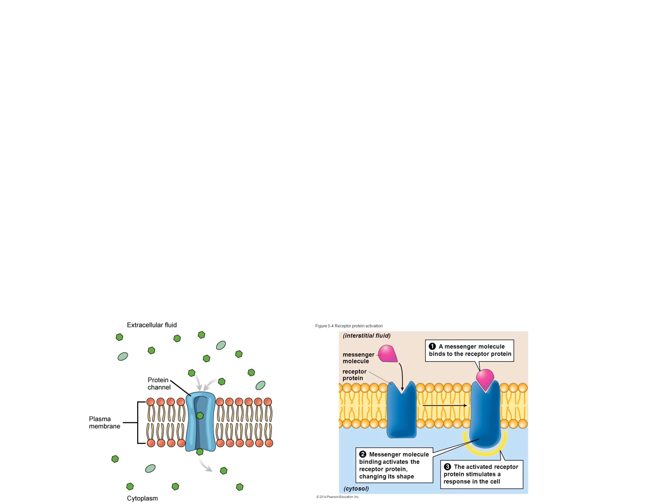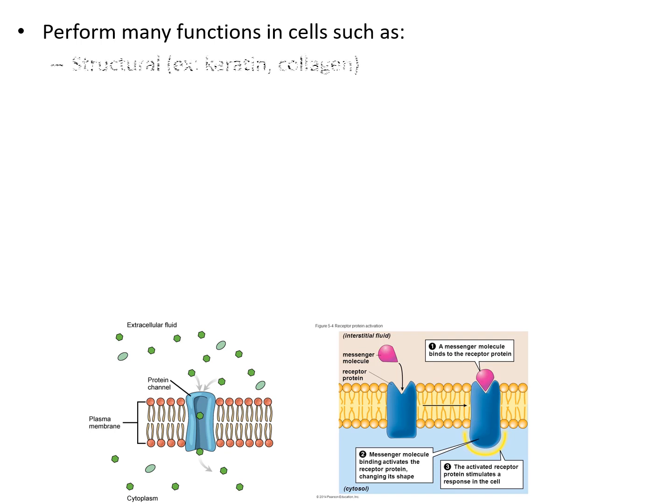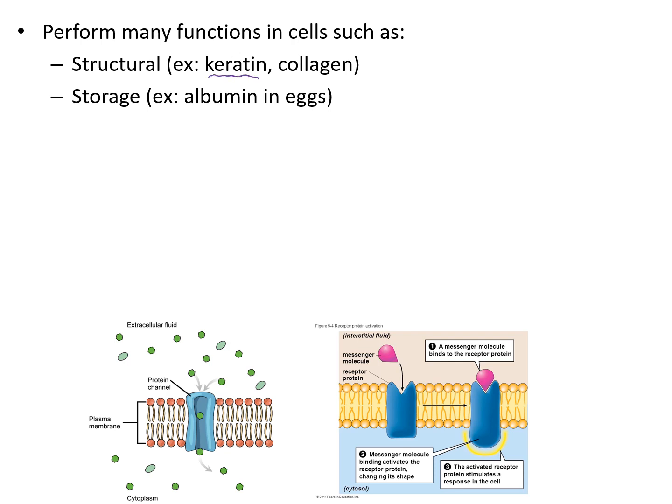Before we do, what do proteins do? Proteins perform functions in cells. They can be structural, like fingernails and hair, which is keratin. They can be structures in the face, which is collagen.